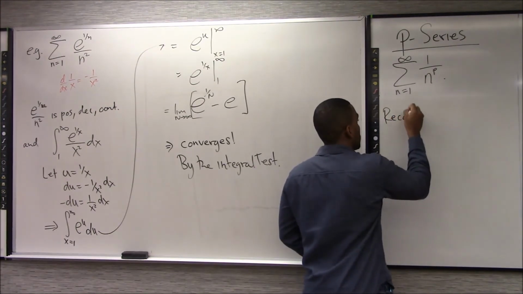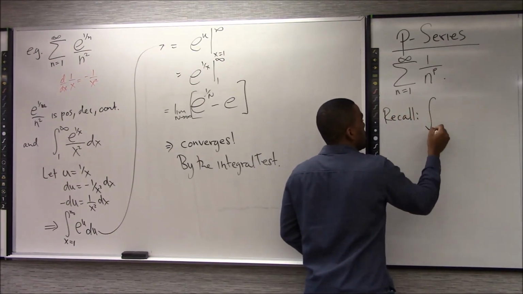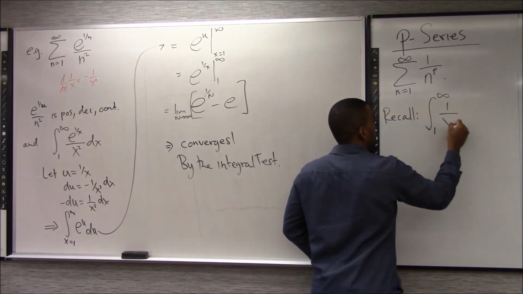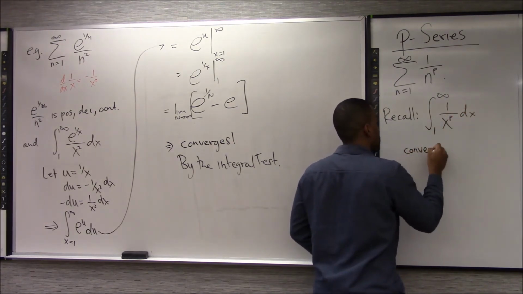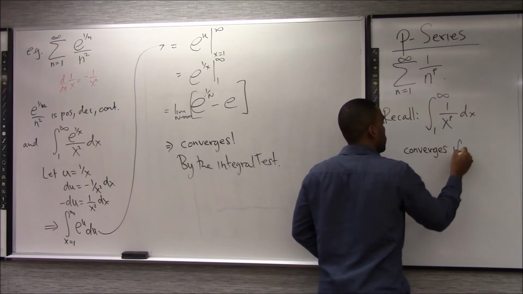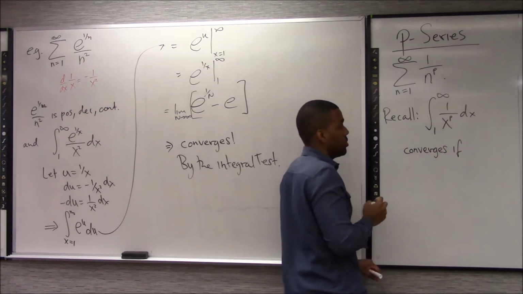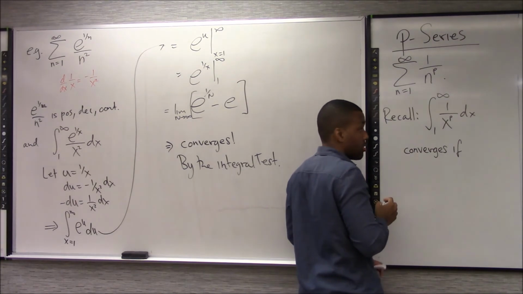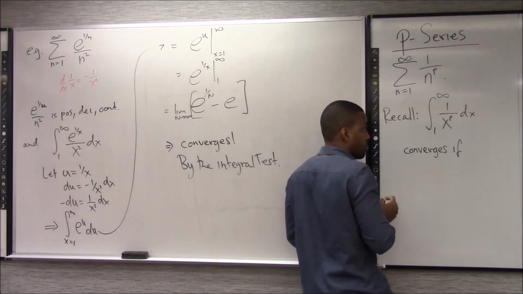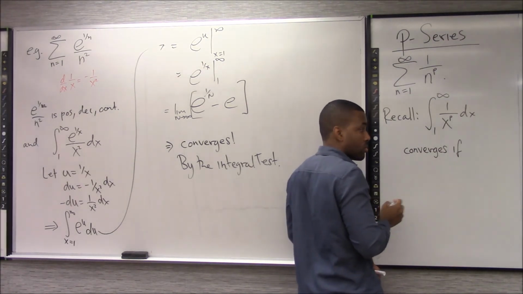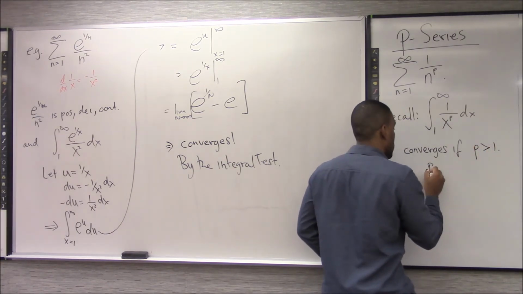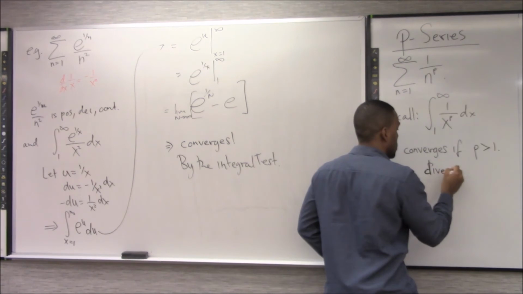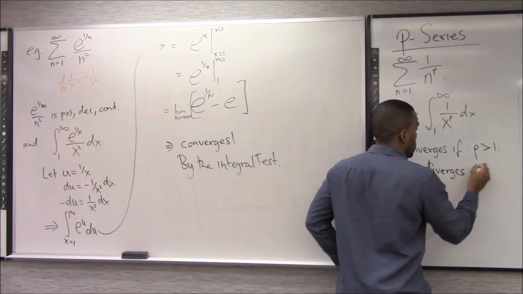Recall, the integral from 1 to infinity of 1 over x to the p converges if, we had a theorem about that, if p is greater than 1, and diverges otherwise.